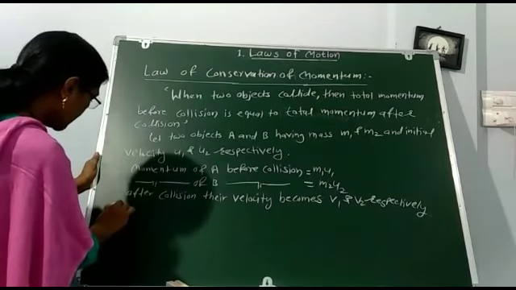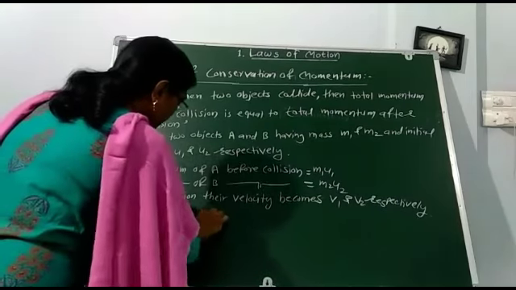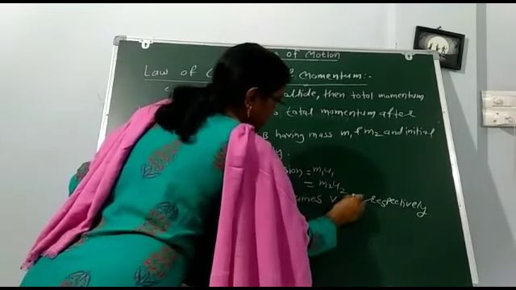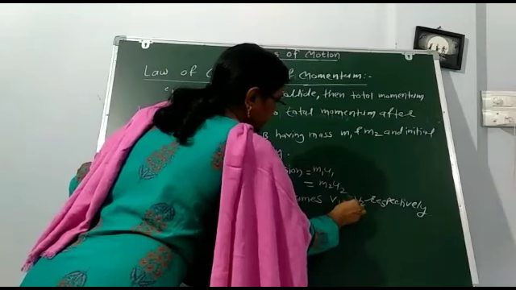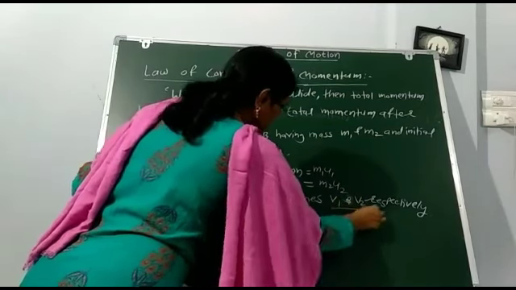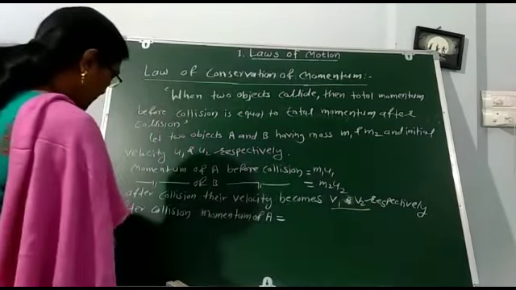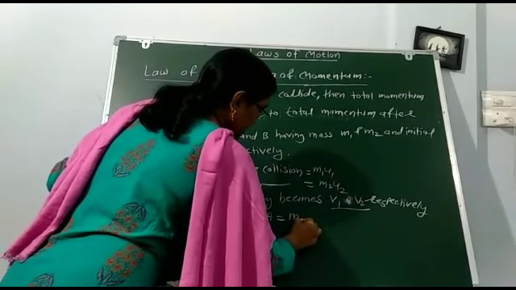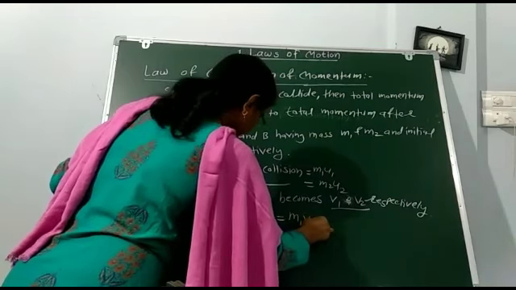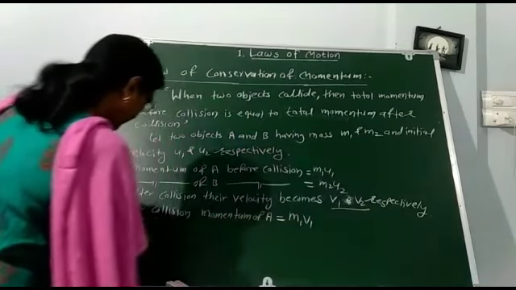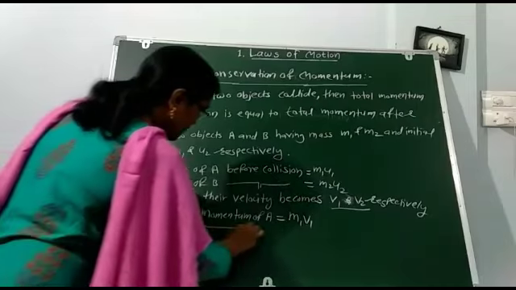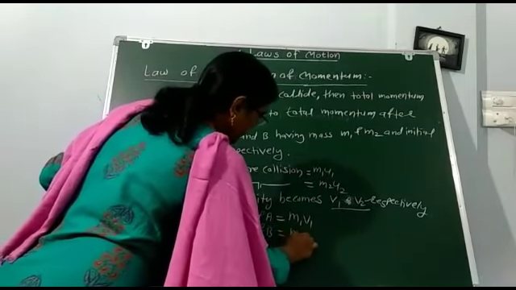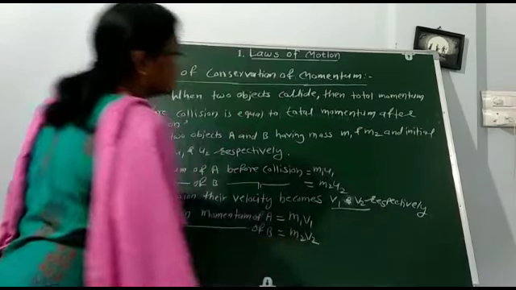Then after collision, the momentum of A will be m1 v1, and the momentum of B will be m2 v2.